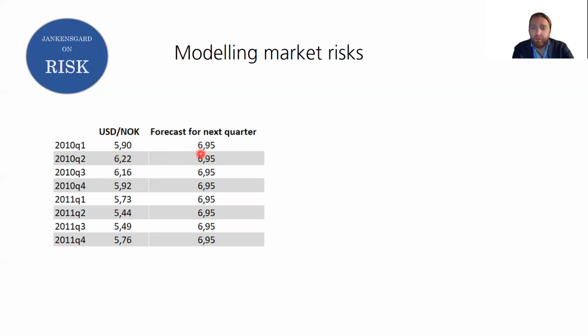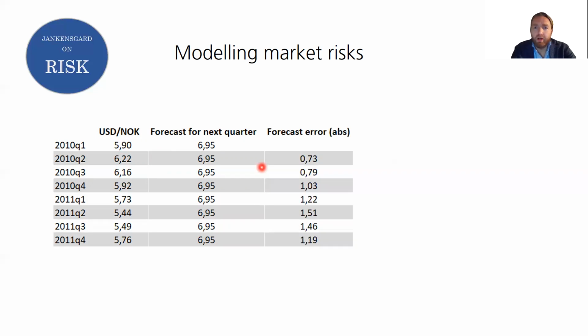But we're going to repeat the forecast. We're going to insist that the average is a useful predictor. So again, we try our luck, and we keep doing that. For all quarters, we just roll that forecast forward, hoping that it will come close to the actual outcome. But in all of these quarters, it generates a forecast error. So the difference here between the actual outcome and the prediction is a forecast error, right?